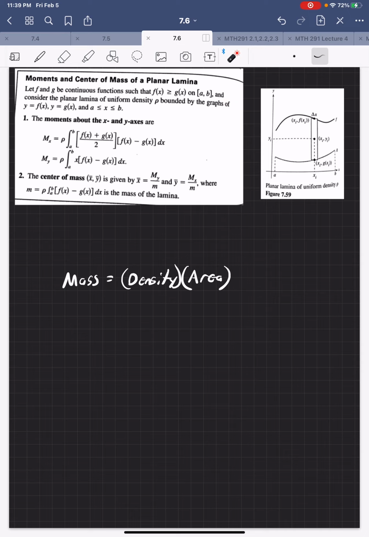And we're going to use the same ideas, but then we will deal with that non-uniform density idea, okay? So let's start. I mean, look, the mass is just density times area. Let's think of it like that, okay?